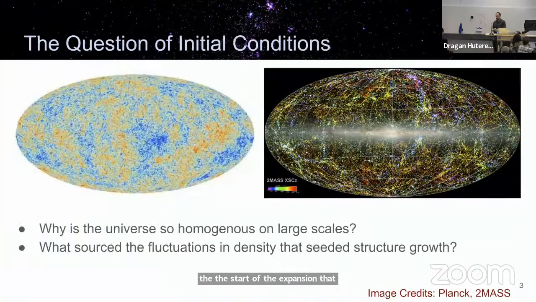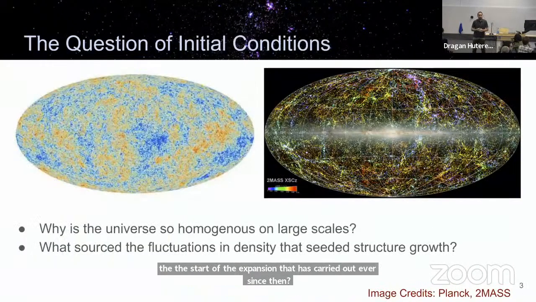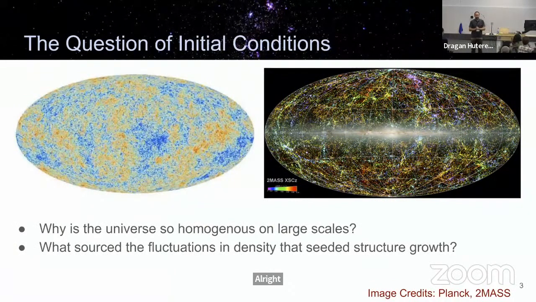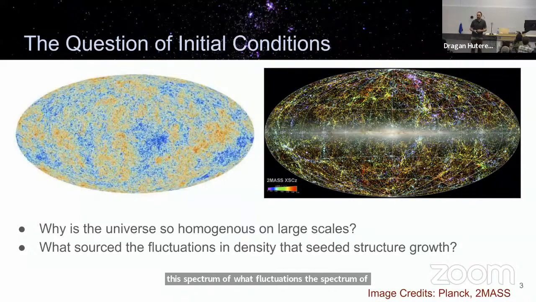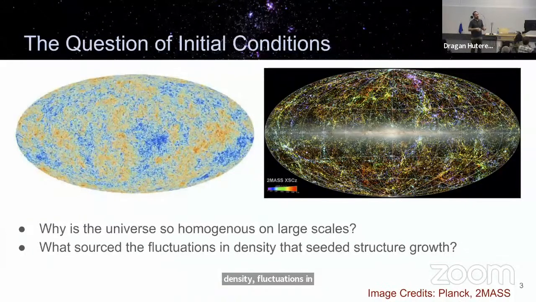All right, and so in a lot of the lectures that we've already seen, there's been this thing lingering in the background: this spectrum of density fluctuations in particular that set the initial conditions for all of the formation of the structure and also all of the structure that we see in the cosmic microwave background.